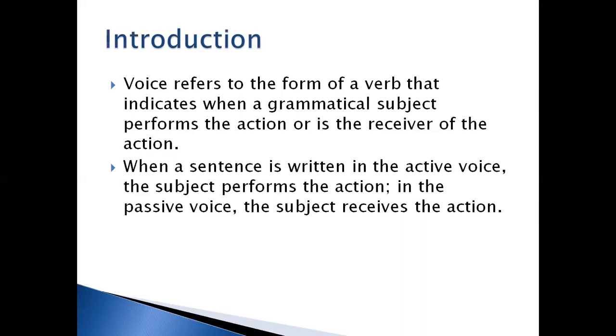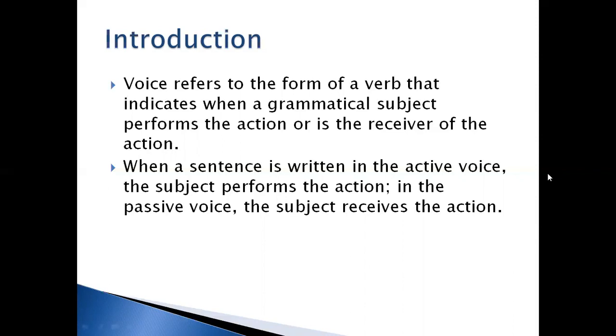So, voice is basically related to the verb, and the voice of the verb tells about the sentence and the subject of the sentence, whether the subject performs or receives the action.